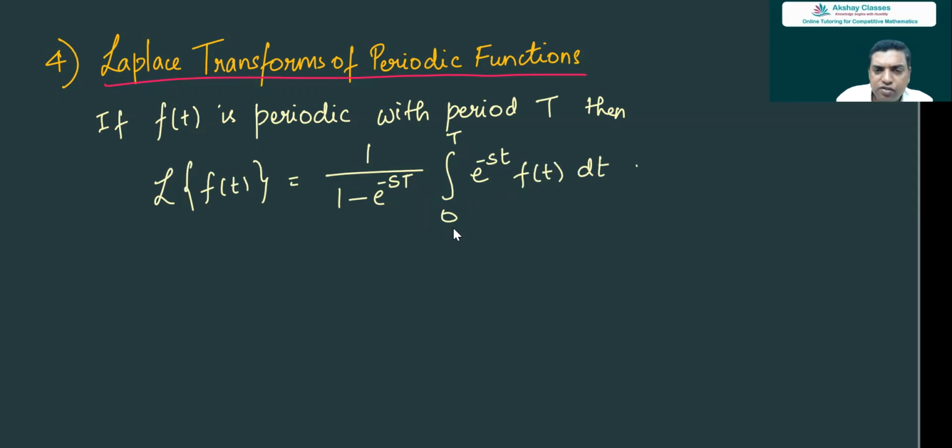So instead of 0 to infinity, we have replaced it by 0 to T, and 1 by 1 minus e power minus sT, substituting the full T. We'll not go into the proof for this particular one. We can do it. It's not so tricky as this one, but we can still do it.